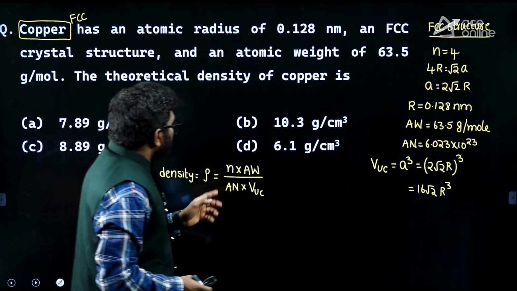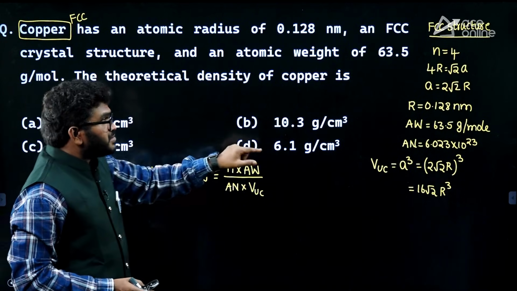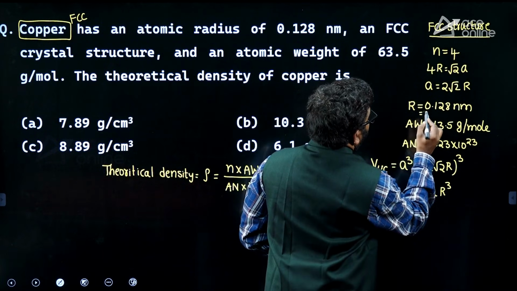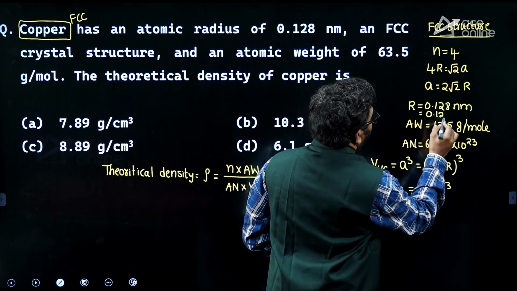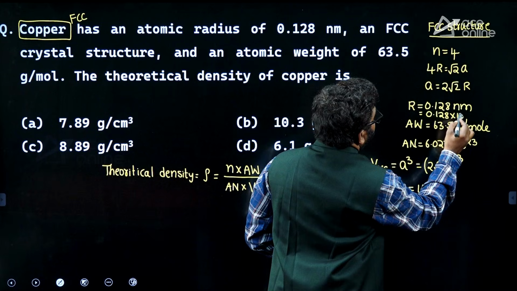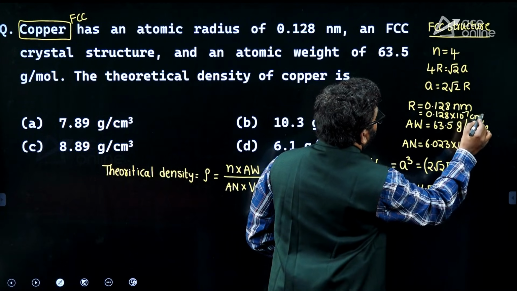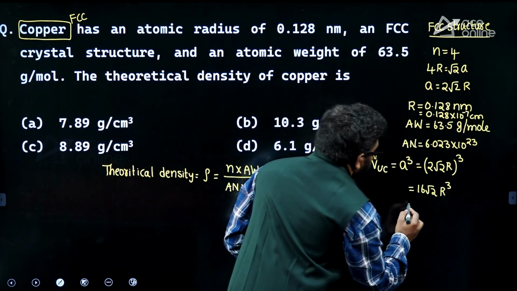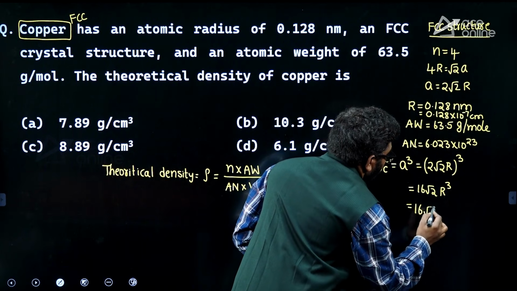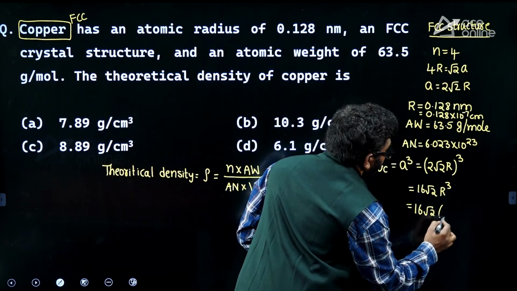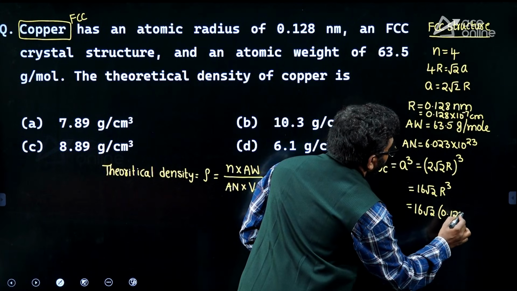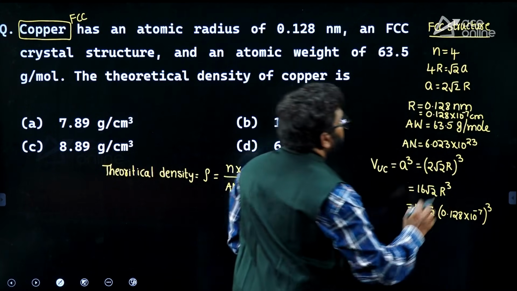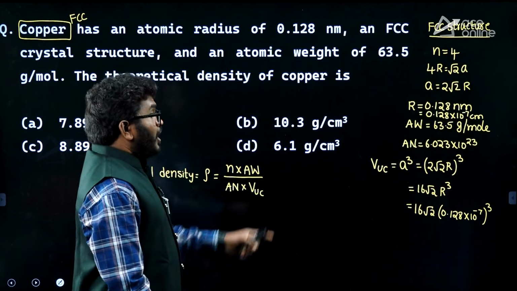Now, in the options, it is given in grams per centimeter cube. So this R value I can write in centimeters: 0.128 × 10^-7 centimeter, since 10^-9 meter is 10^-7 centimeter. So I am substituting 16√2 × (0.128 × 10^-7) whole cube, R cube it is.